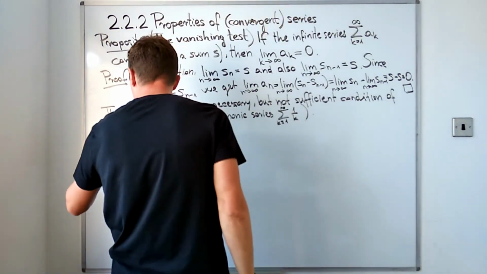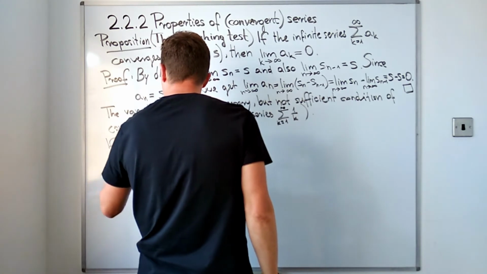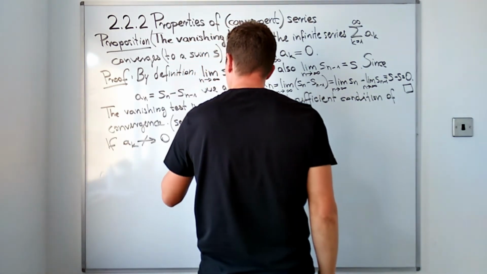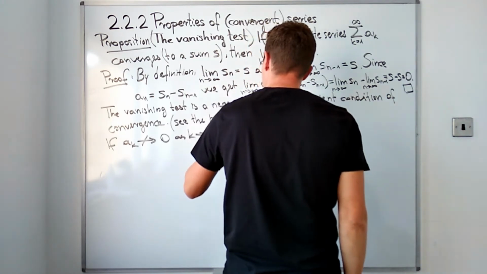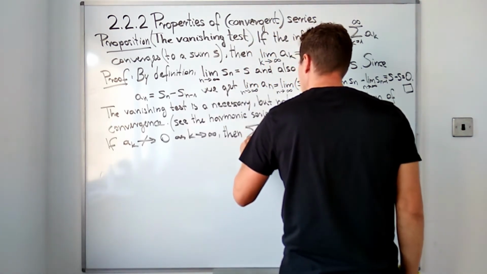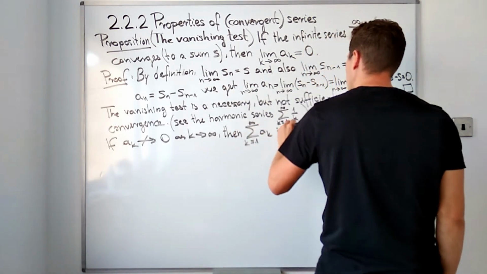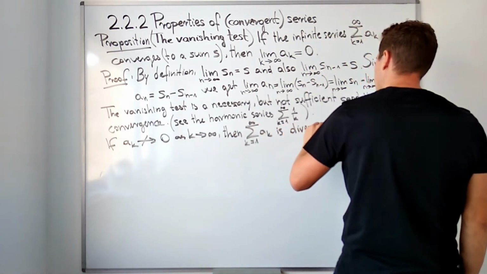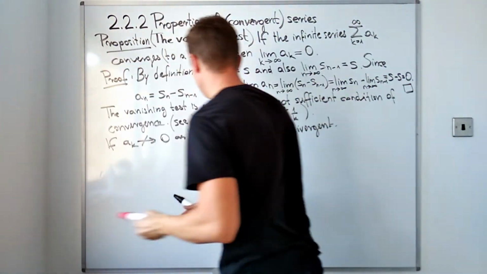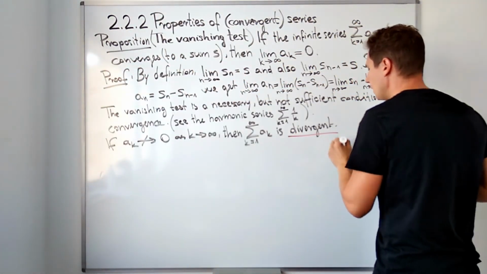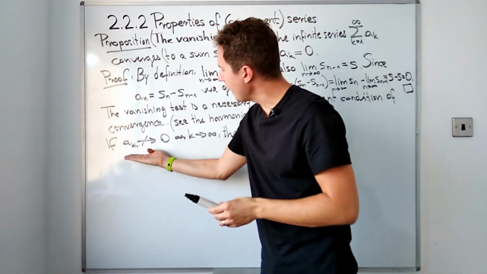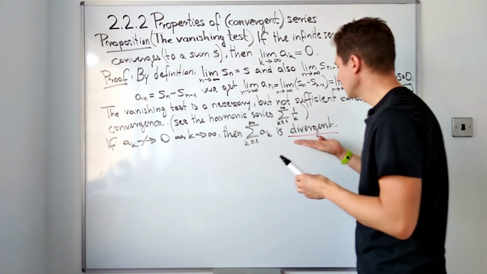So if ak does not go to 0 as k goes to infinity, then the infinite series is divergent. The way we express this is by saying that if a series fails the vanishing test, then it's divergent.